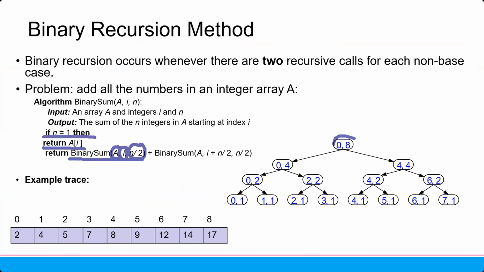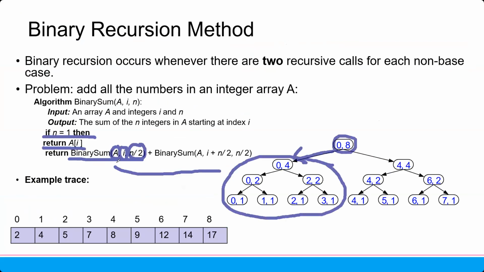So if I have the index between 0 until 8, the left one will be from I until n divided by 2. So it means it will start from index 0 until 4. So this is I and this is n. So I have 8 integers.